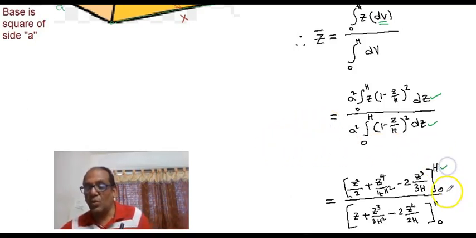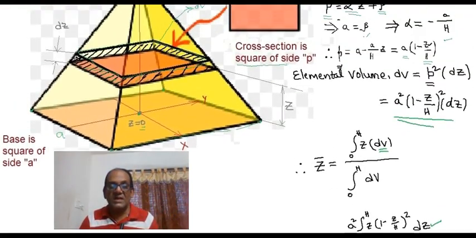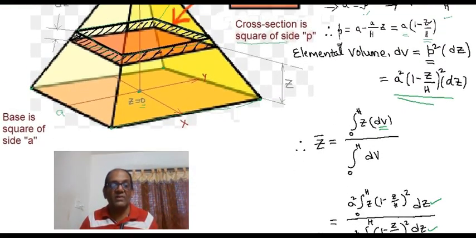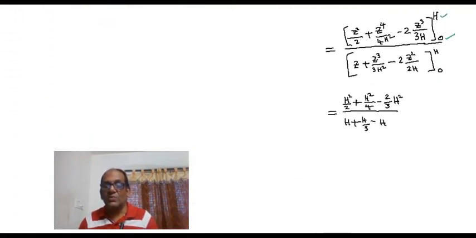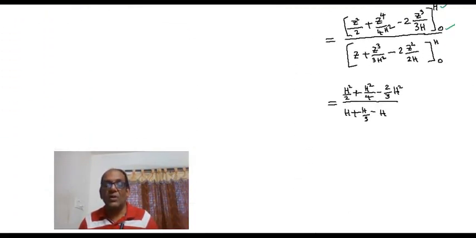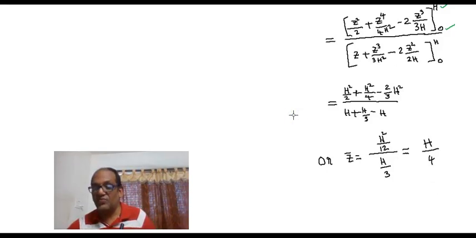Again, carefully note that the limits of the integration need to be from z is equal to 0, that is the base, to the apex. Apex is given by z is equal to h. So if we evaluate this integral, we will get the z coordinate of the centroid as 1/4 the height h.